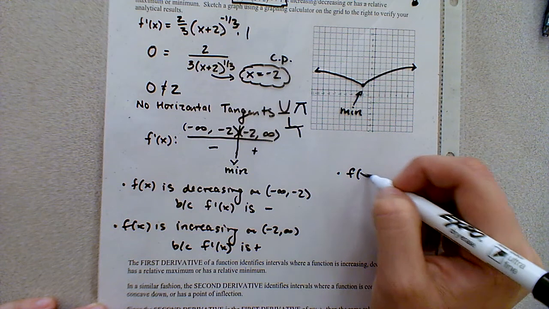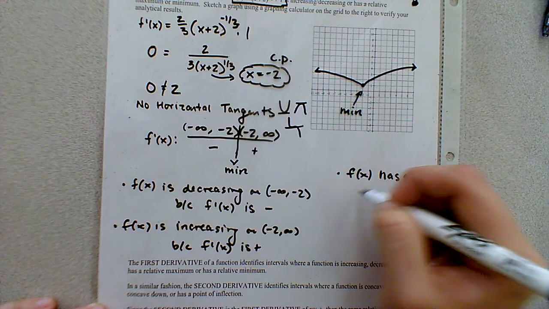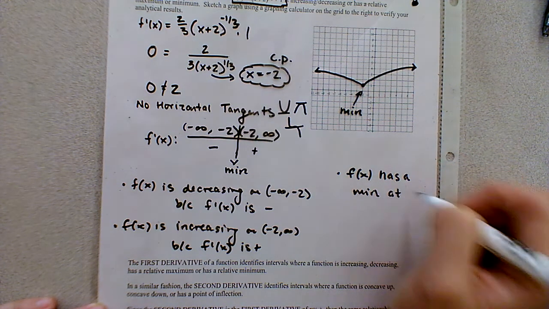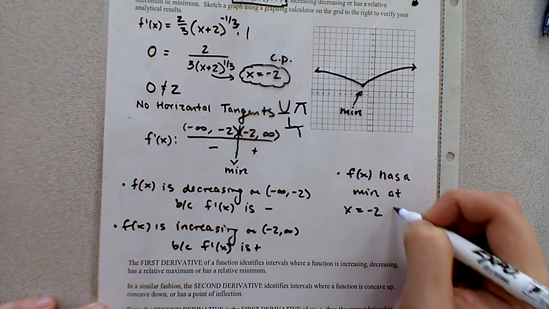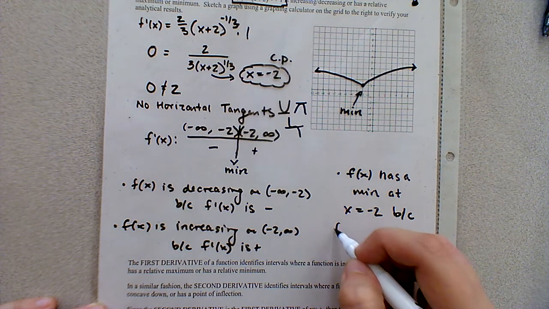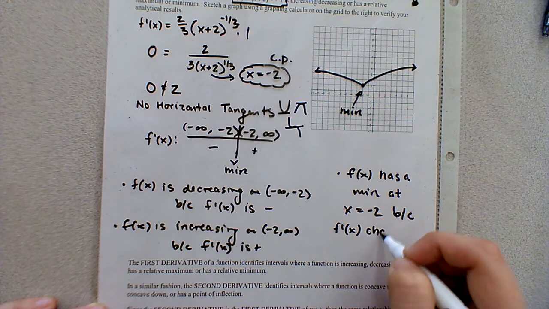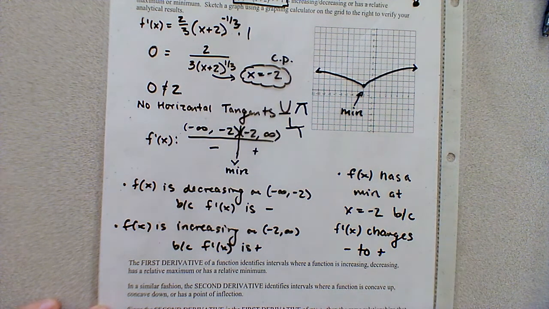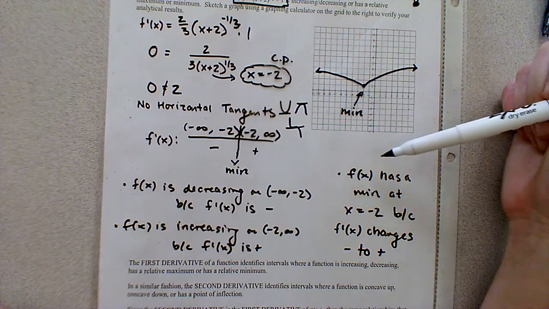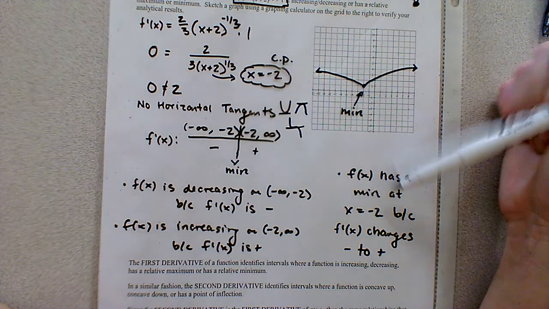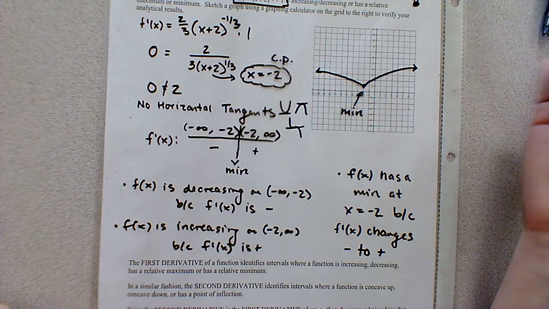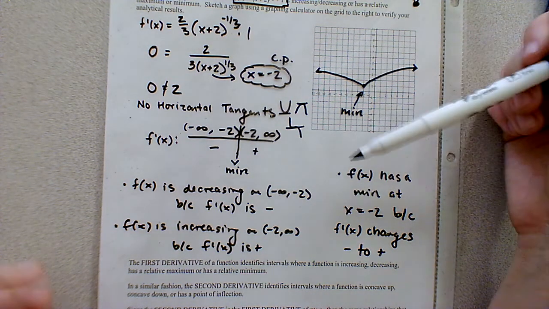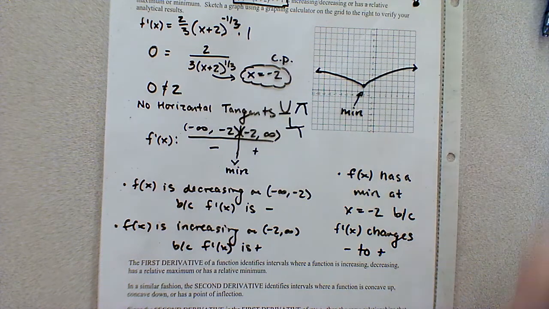And we'll say f of x has a min at x equals -2 because the derivative changes from negative to positive. You could also say a statement like f of x does not have a max because we don't change from positive to negative, but at least these are the three main conclusions that we can make based off of that table.